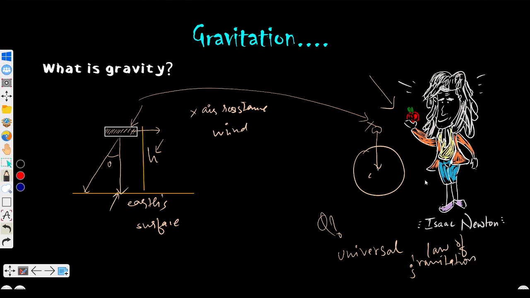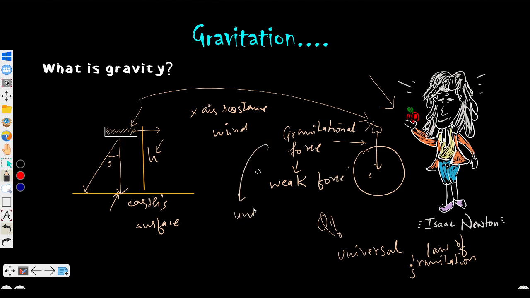Newton concluded that this attractive force is a universal force. Newton termed this attractive force as gravitational force. You need to remember that this force is a weak force, but this force is a universal force.